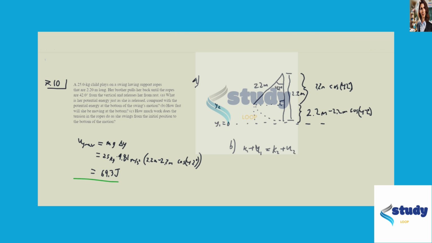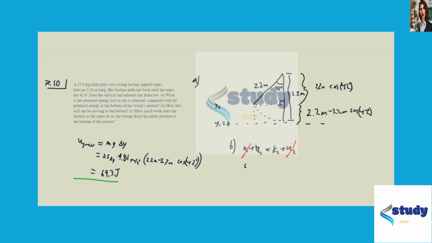Okay, so we've already decided that we're going to have potential energy be 0 here at the base, so that's gone. We know she starts from rest, so that's gone. So we just have the potential energy at the beginning, which we already know, equal to the kinetic energy at the base. So we can just solve for that velocity there at the bottom.